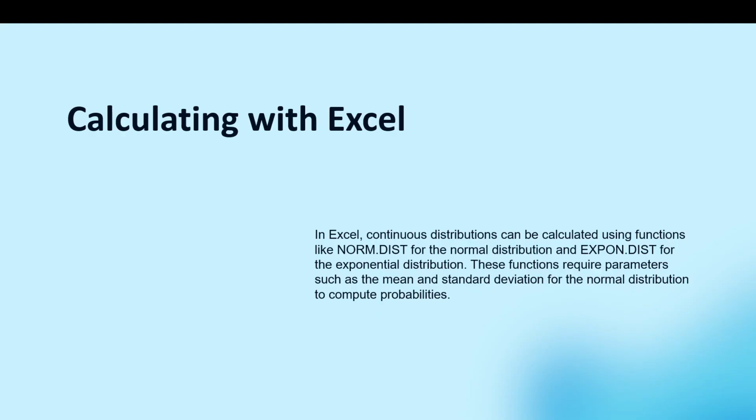Or for exponential, we have equal sign EXPON.DIST, and we have x, lambda, and cumulative to fill inside. For example, we want to find the probability that a value is 75 or lower in a normal distribution, where our mean is 70 and our standard deviation is 10. In Excel, we write equal sign NORM.DIST, and inside will be 75, 70, 10, and true.